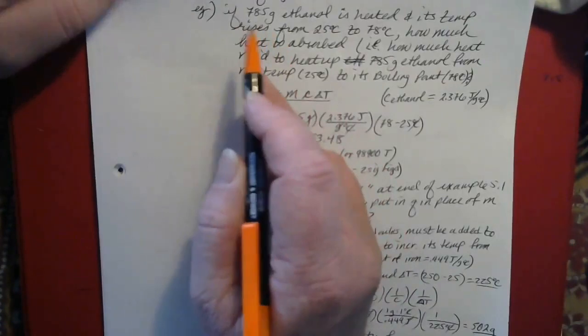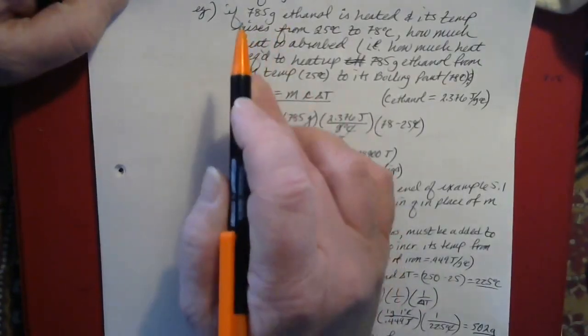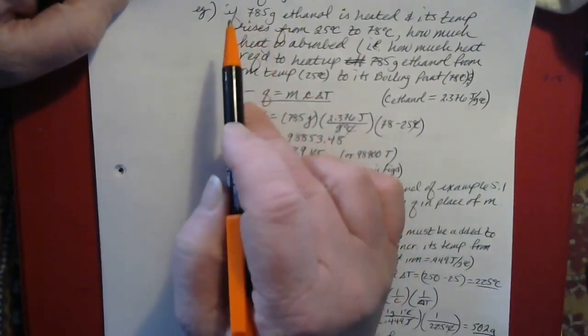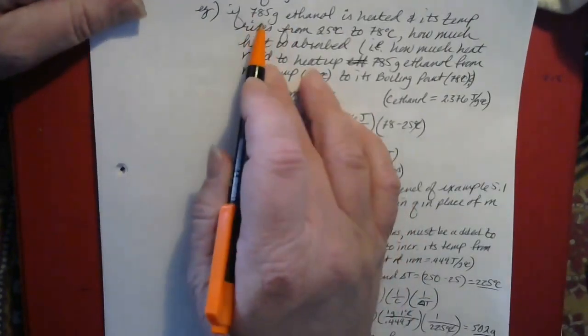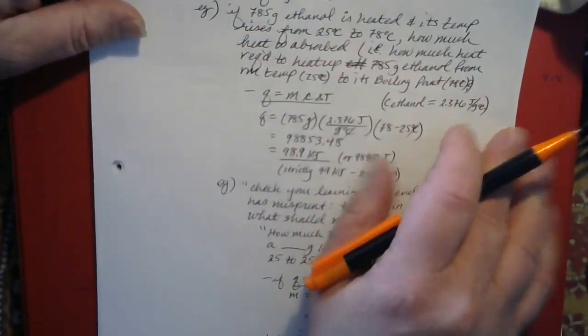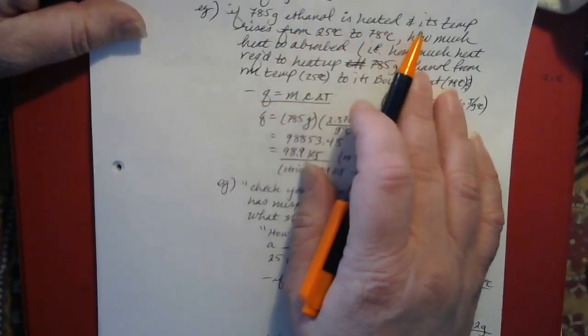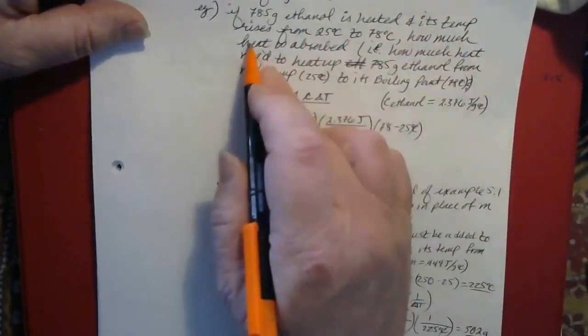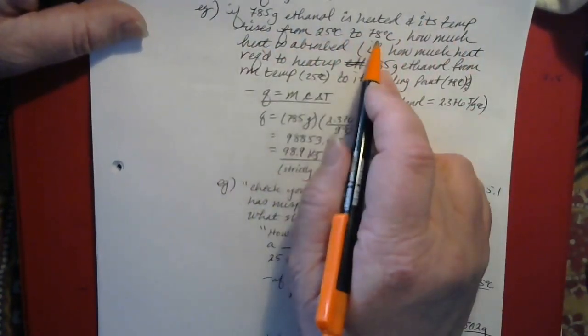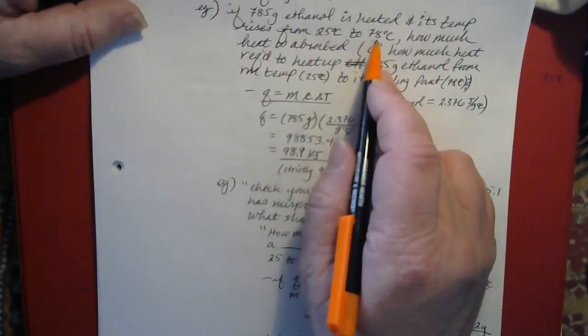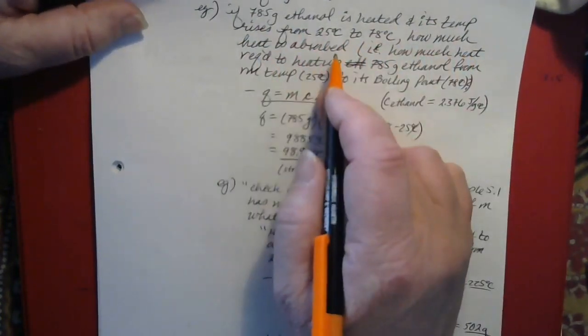Okay, so an example of what we can do with this equation, finding Q, is that, say, if a 785 gram sample of ethanol is heated and its temperature rises from 25 degrees to 78 degrees Celsius, how much heat is absorbed?